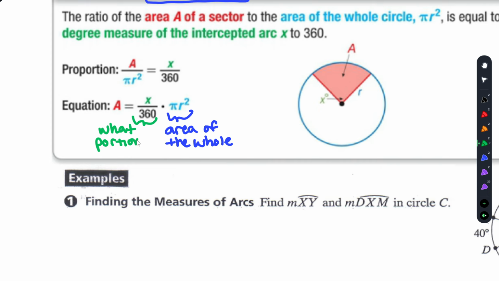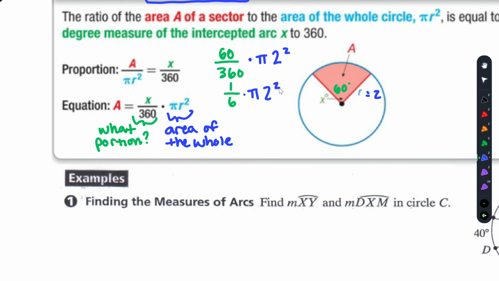What portion? So out of a total 360 degrees again. So let's say that that's like 60 degrees for this angle over here. I would be looking at 60 out of 360, or I could simplify that to 1/6 if I'm good at fractions, times, all right, let's give this another 2, pi r squared, whatever method you like to use. You're putting it all in your calculator anyway, so it doesn't really matter if you simplify that fraction. Good.